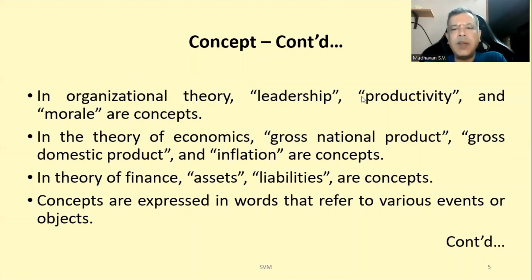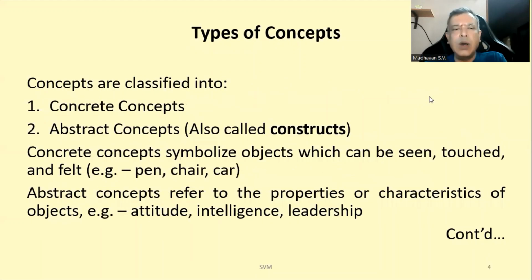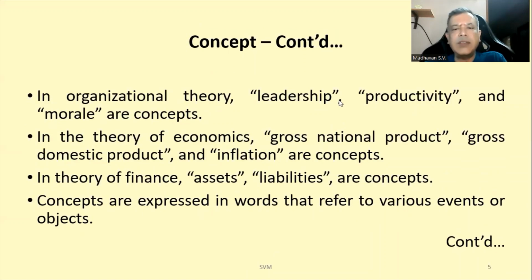Among these, productivity is a concrete concept, whereas leadership and morale are abstract concepts. In the theory of economics, gross national product (GNP), gross domestic product (GDP), and inflation are all considered concepts. Similarly, in the theory of finance, assets and liabilities are concepts.